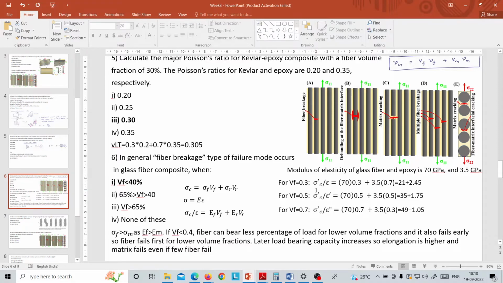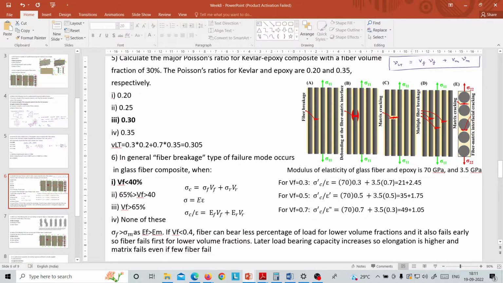This sigma c would be the stress at which the composite would be breaking, and if we divide it by the strain values, as strain would be the same in the fiber as well as the composite, we can see that percentage-wise the fiber stress bearing capacity is increasing quite heavily as we increase the volume fraction from 0.3, 0.5 to 0.7, while the matrix load bearing capacity more or less remains the same.